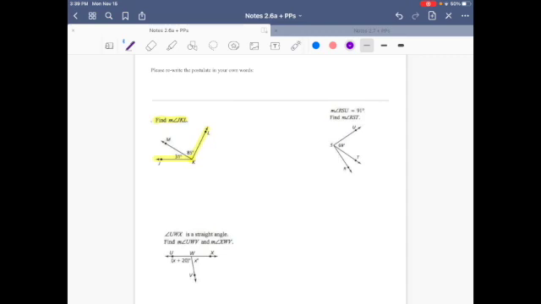So what we could do is say, all right, I can take this first small angle, which is JKM. That's this one here. Angle JKM. And then I can take this other smaller one, MKL. So plus MKL.